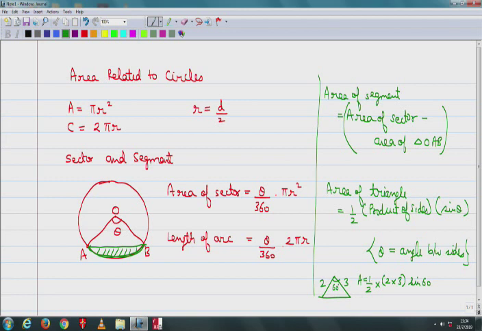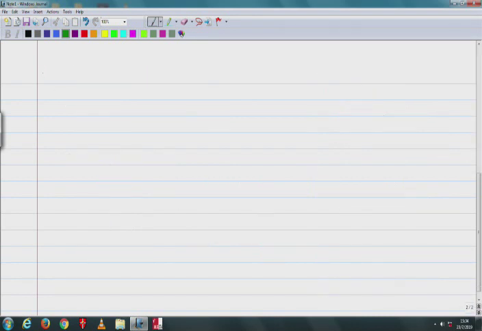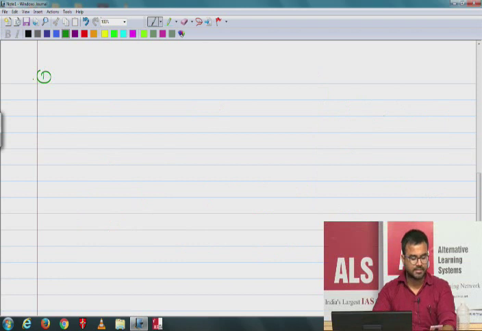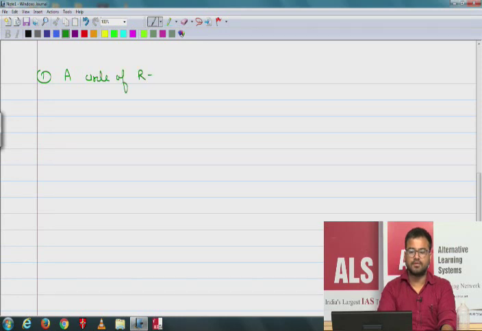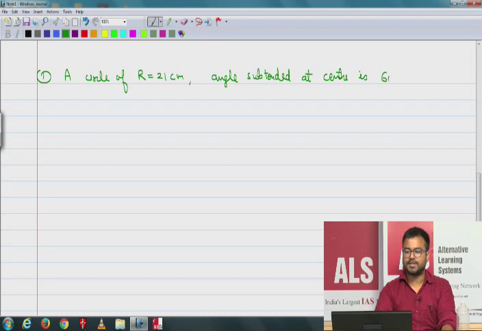And we have done some questions also. So let's start with the question itself. Try this question, all of you, based on the area of sector and segment. A circle of radius 21 centimeter, angle subtended at center is 60 degrees.